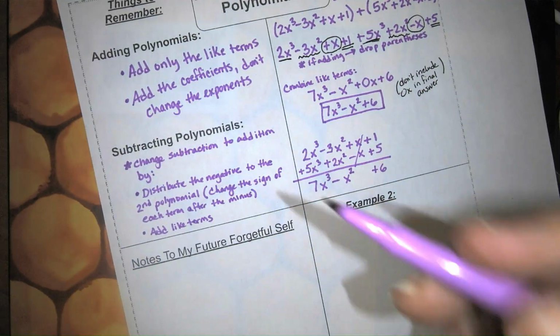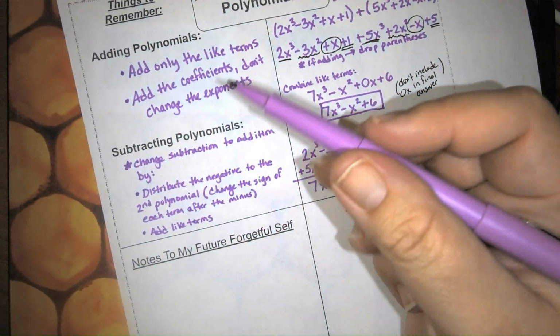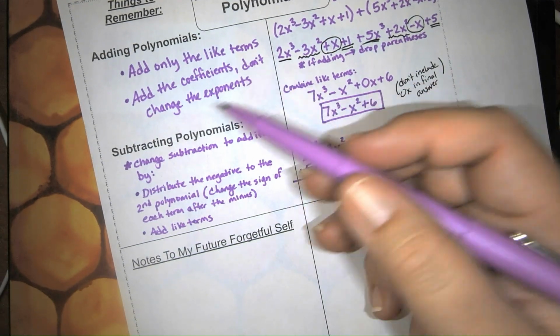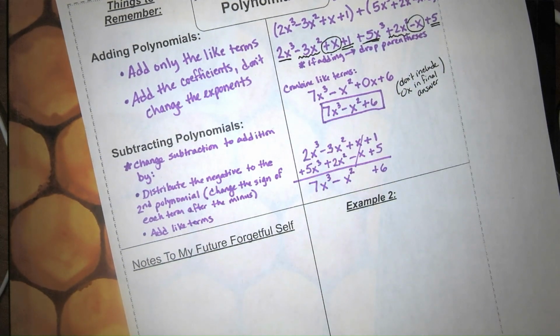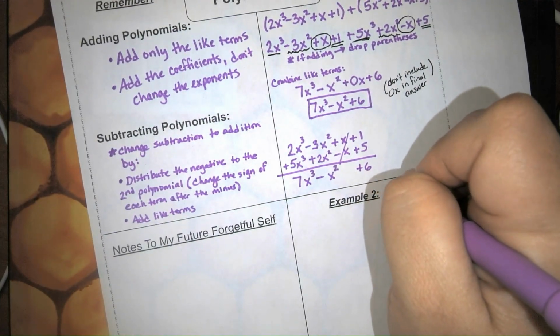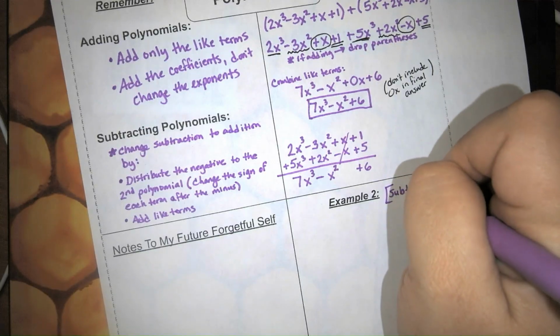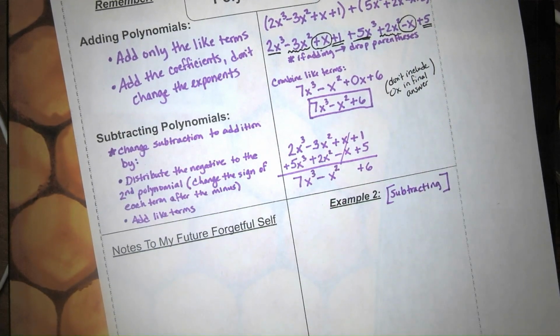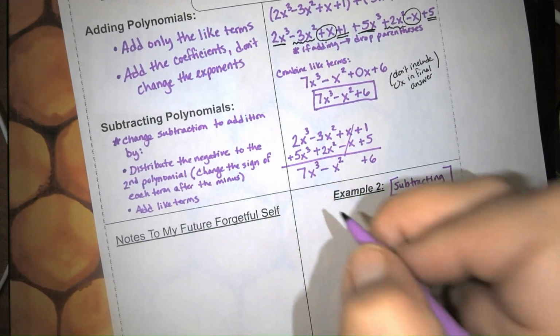So by making a problem like subtraction into this problem, once we do that first step, it's just like this. So here's our example of subtracting. This one's not quite as long, so I'll read it to you as I write it.